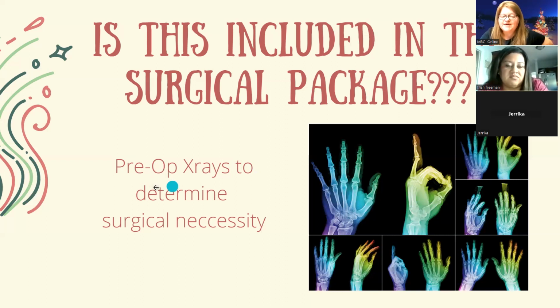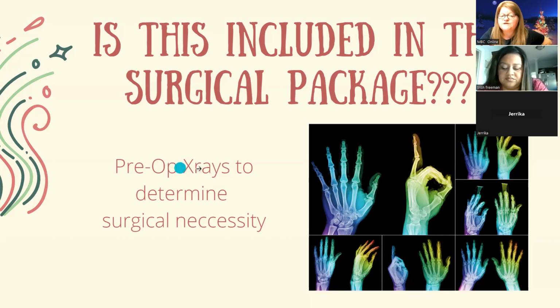So if we're still determining surgical necessity, we're not yet going to be inside that surgical package. We're going to be on our way there. We're still determining diagnosis, essentially, or how severe the problem is to see if it needs surgery.